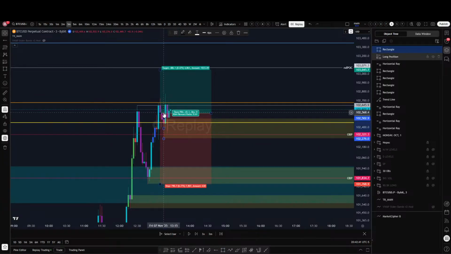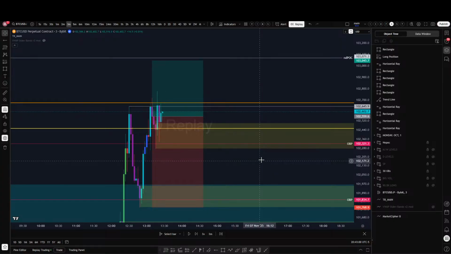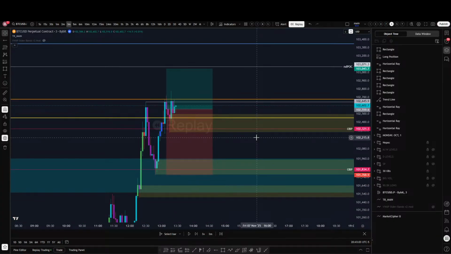I would have called this entry the better entry, but nonetheless, yes, you did another high. Yes, you did from this high, not this wick. So it's a little bit tricky when it gets tight price action like that.